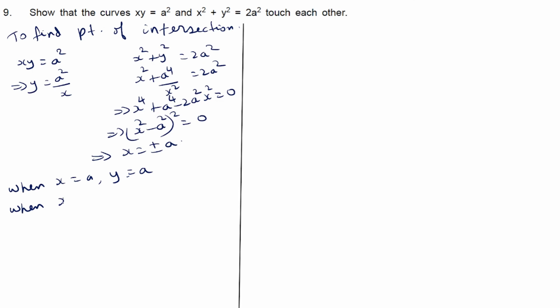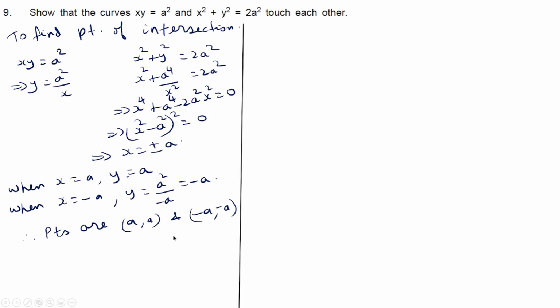When x equal to minus a, y equal to a square by minus a, so it is minus a. Therefore, the required points of intersection are (a, a) and (minus a, minus a).